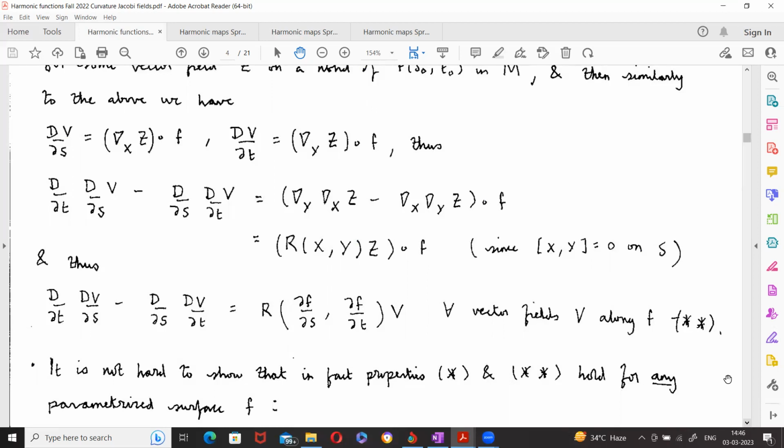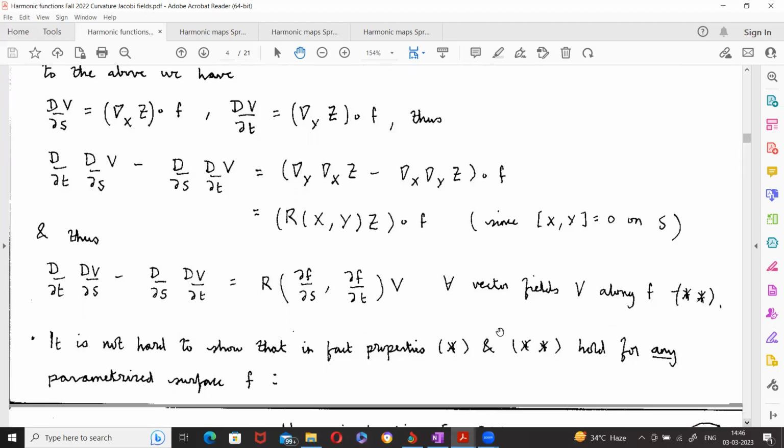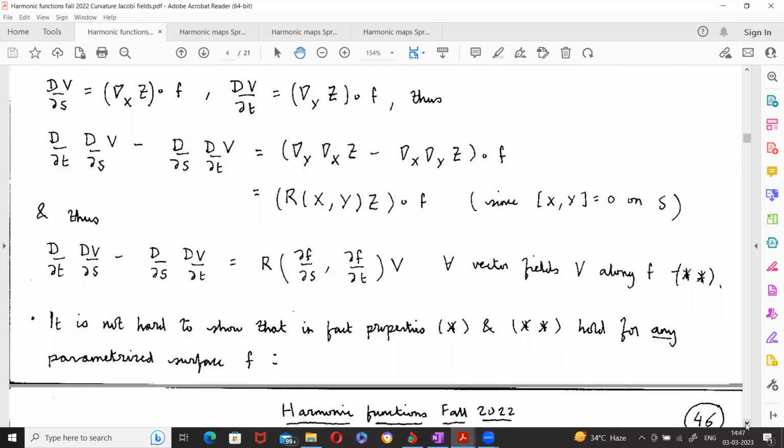Yeah. So actually, we proved these under the assumption that F was an embedding, but these properties hold for any parametrized surface. You do not need to assume that it's an embedding.